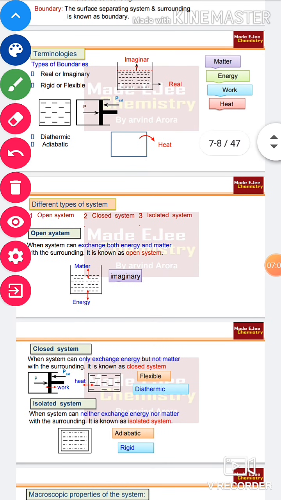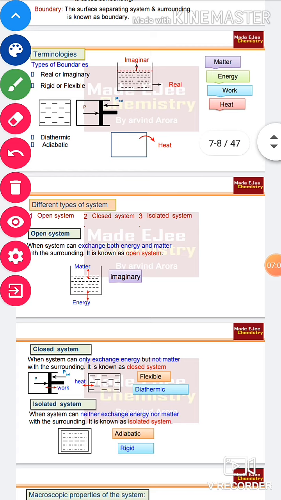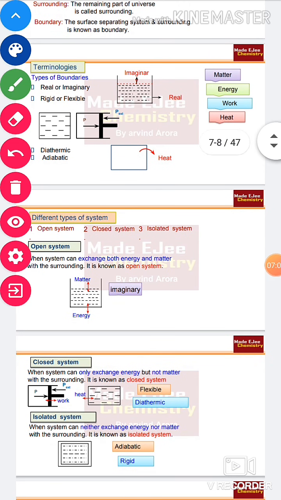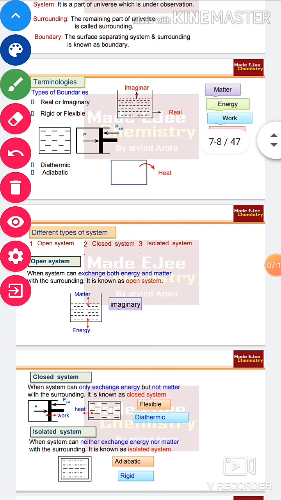Then the second type of boundary is rigid or flexible. See in this diagram, in the first diagram the boundary is rigid, whereas in the second container, which is closed with a movable piston, the boundary is flexible.